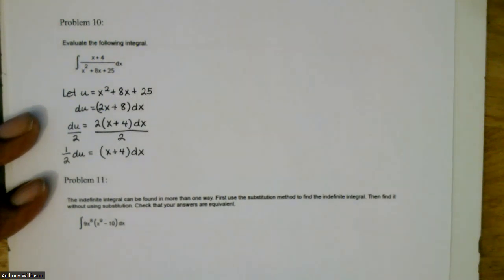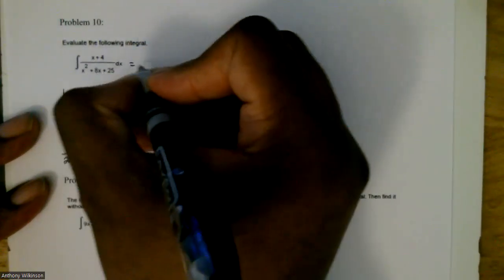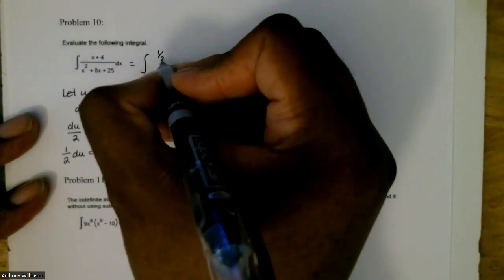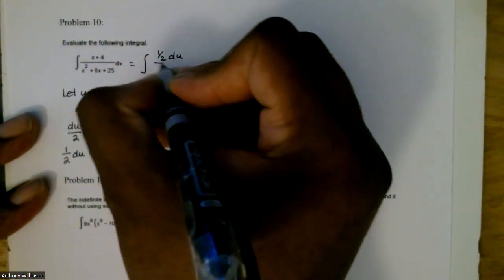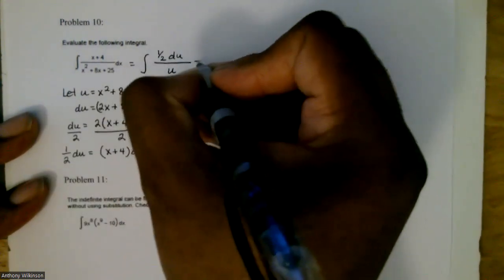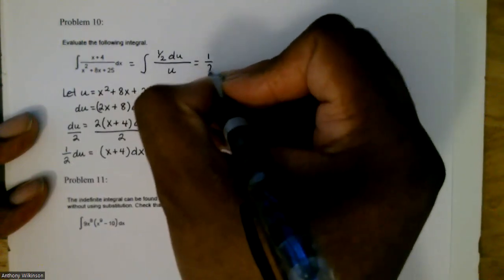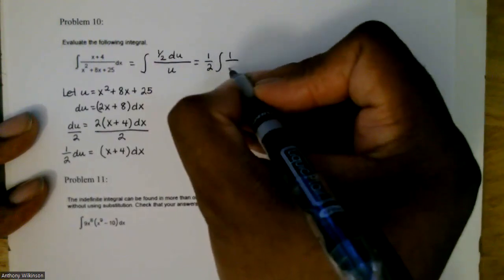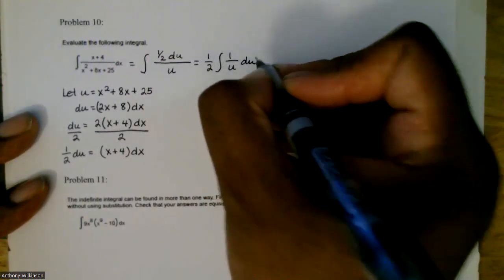Now we can do the appropriate substitution here. I'll bring the integral sign over, and x plus 4 dx will be replaced with 1/2 du. All that's over x squared plus 8x plus 25, that's what u will be. Now, notice I can pull the 1/2 outside since it's a constant, so it'll be 1/2 times, I'll say, 1 over u du.